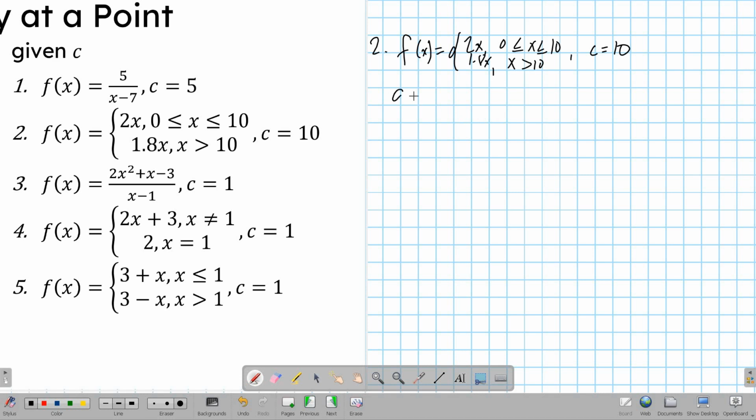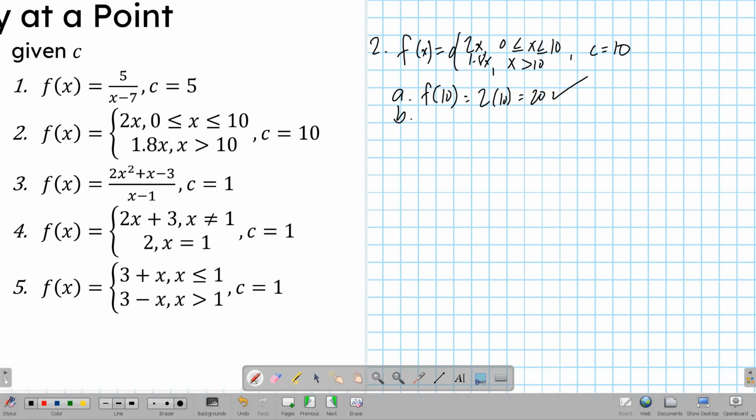The first thing to check is the value of f of 10, and it should exist. It should not be undefined. As we can see, for f of 10 we follow the expression above because it's less than or equal to. So we have 2 times 10, which is equal to 20.